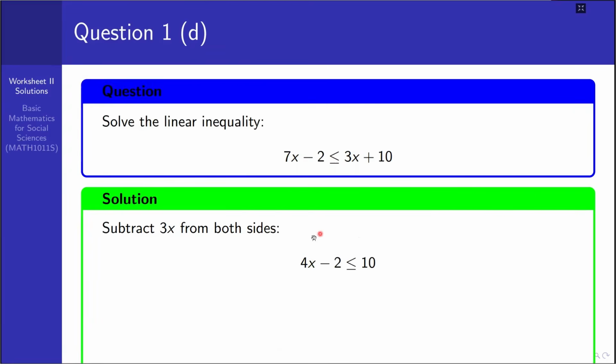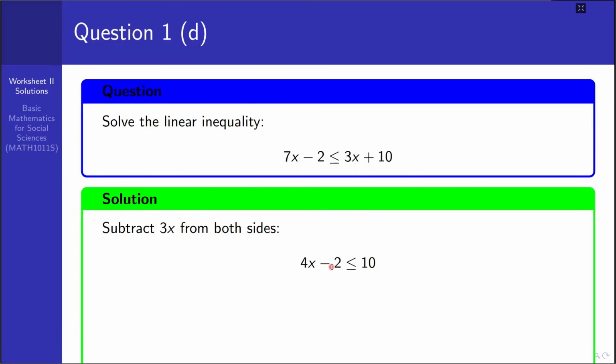Therefore, if 3x is subtracted from both sides of this inequality, we have 7x minus 3x is 4x, and 3x minus 3x is 0, so that 4x minus 2 less than or equal to 10 will be obtained, or simply, an inequality which is obtained from this one by subtracting 3x from both sides.